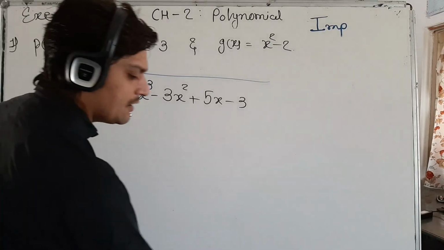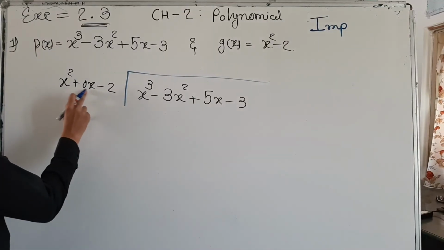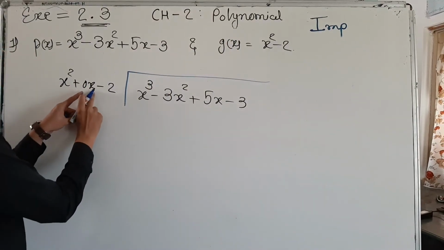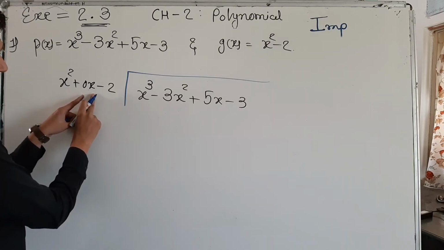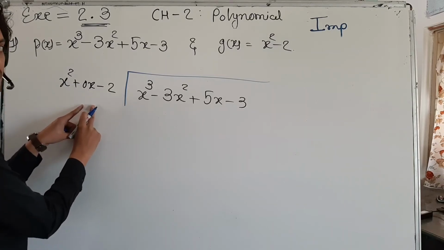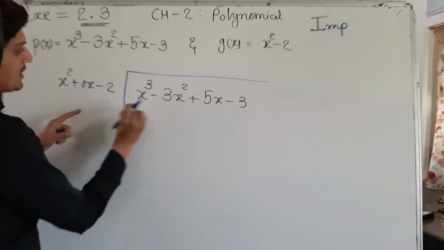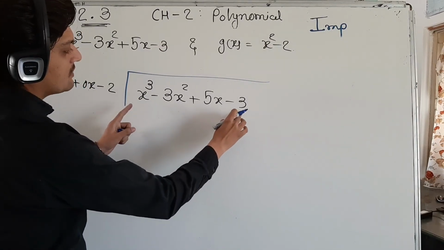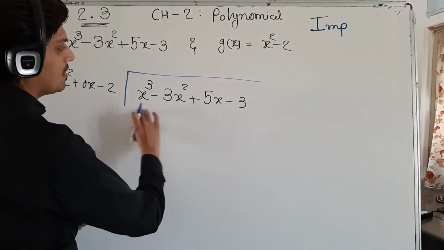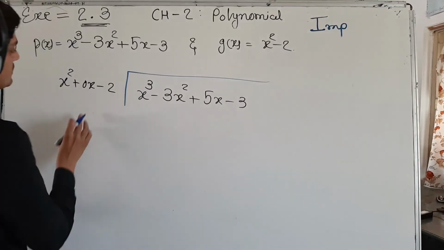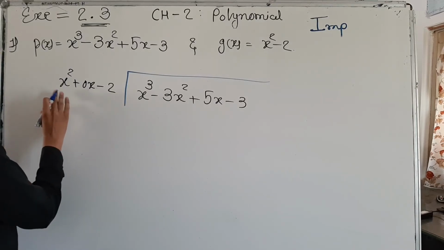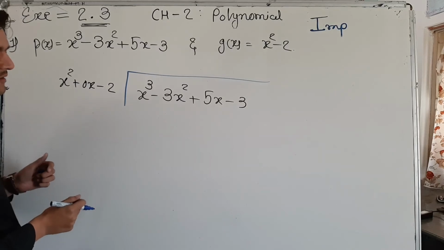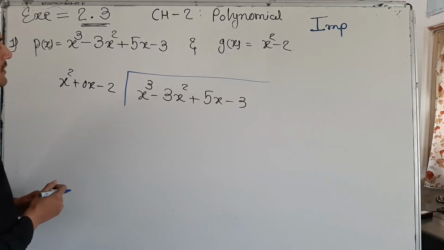If in g of x you do not add the 0x term, it's not that problematic. But if you forget to add or remove some term here, that is very problematic, and the answer will not come properly. So here you write x square minus 2, and whether you add 0x or not doesn't matter.